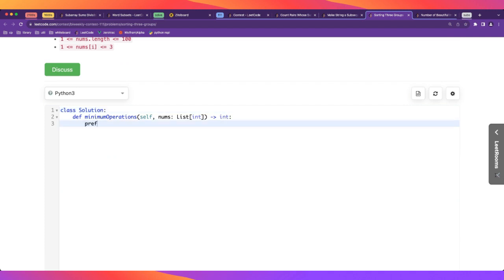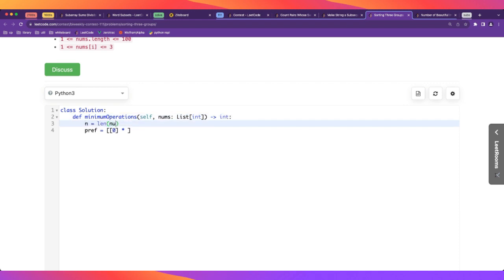We're going to have three arrays. Let's make it so it has 3 columns and n plus 1 rows.